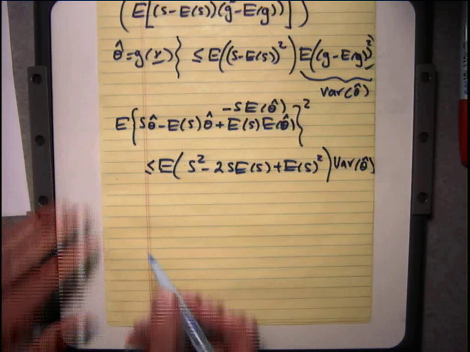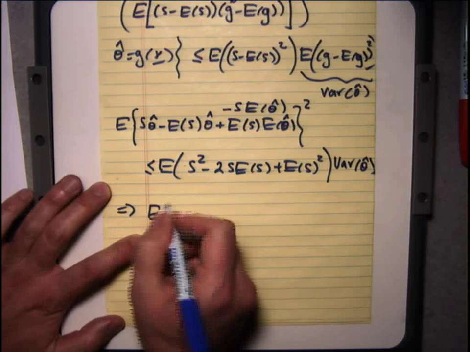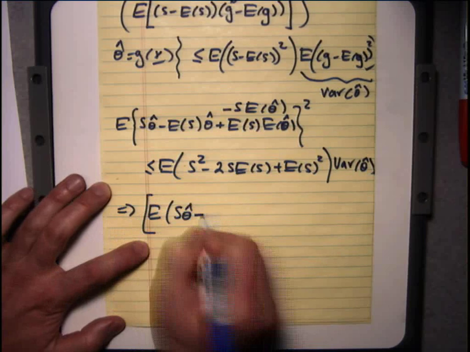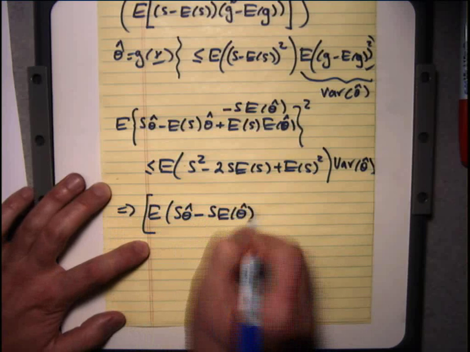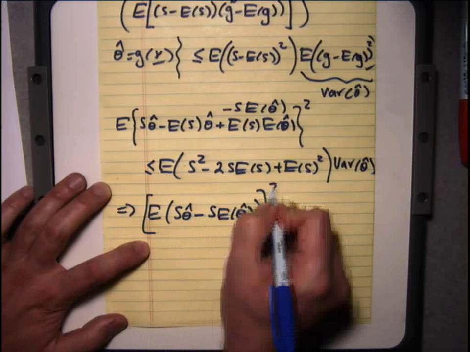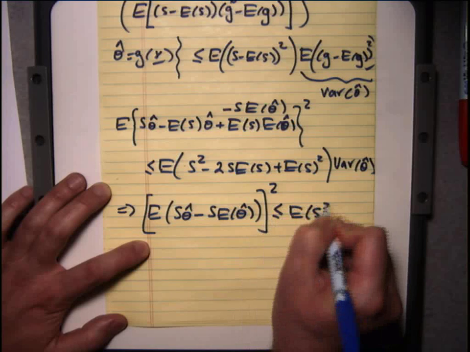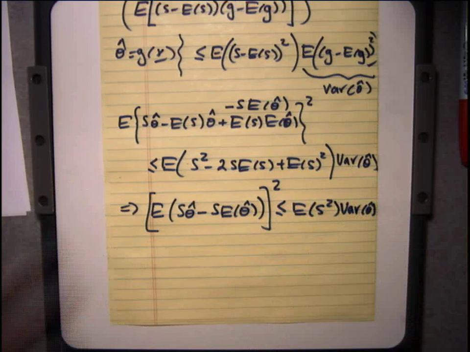So what do we get? Expected value, this is going to be squared, of s theta hat minus s expected value of theta hat. This whole thing squared is less than or equal to expected value of s squared times the variance of theta hat.